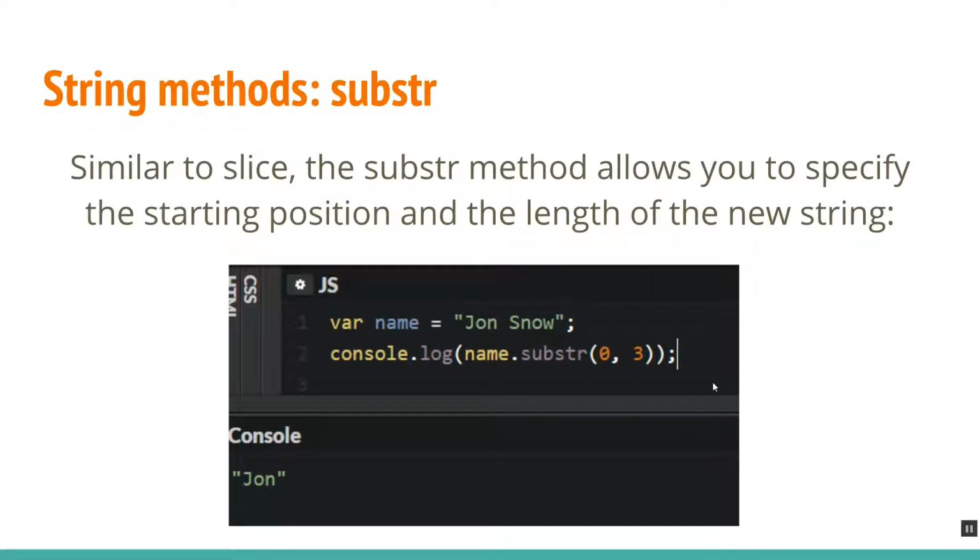Okay, similar to slice is substring, and substring, instead of passing it the starting and ending position, you pass it the starting position and how many characters you want it to go. So in this example, it's very similar because we're starting at 0, so 0, 3 is going to still give us John.